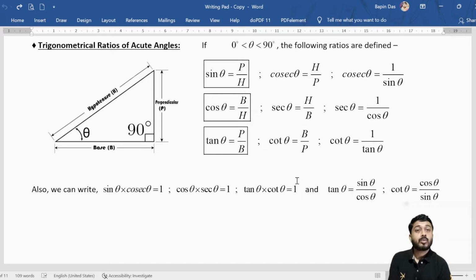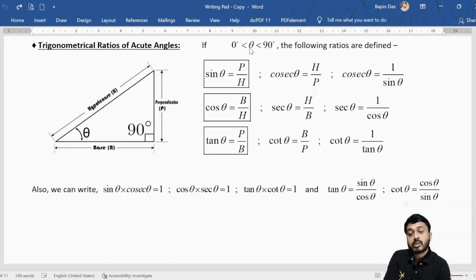All right, so with respect to either of these two acute angles, we can define the ratios which we shall study here. Have a look at what I've written for you: trigonometrical ratios of acute angles. This angle is the acute angle. What is an acute angle?